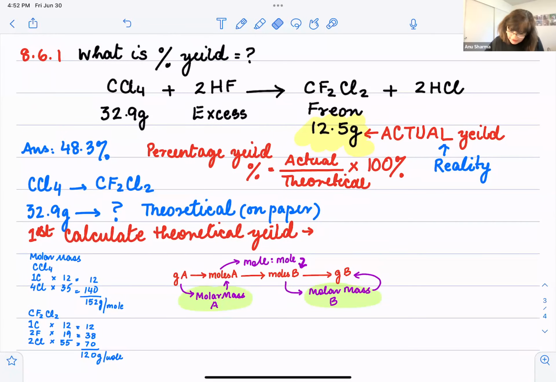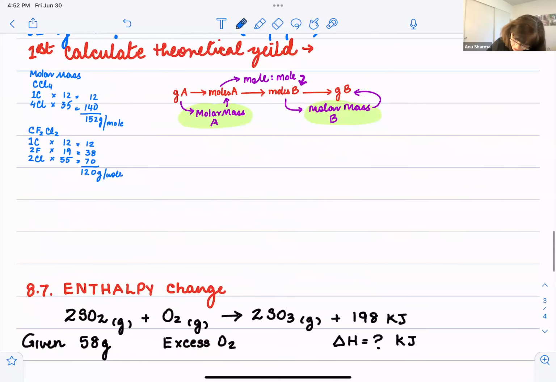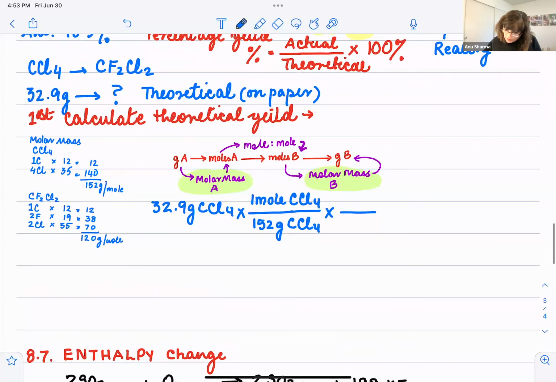So carbon tetrachloride, 32.9. Let's see how much of the Freon you can produce from this. 32.9 grams of CCl4. Convert that to moles: 1 mole of CCl4 over 152 grams of CCl4, times the mole to mole ratio.